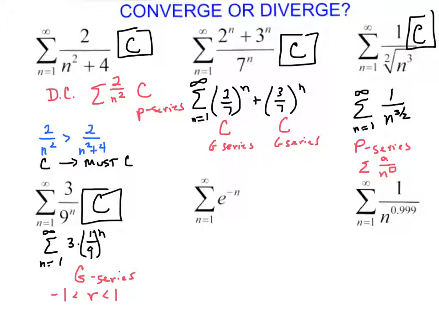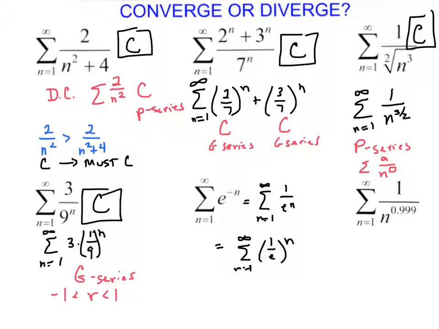Another thing that's smart to rewrite are negative exponents. We could rewrite this as 1 over e to the n, which I could rewrite as 1 over e raised to the n. Now, I don't know offhand what 1 over e is equal to, but I know that it's less than 1.